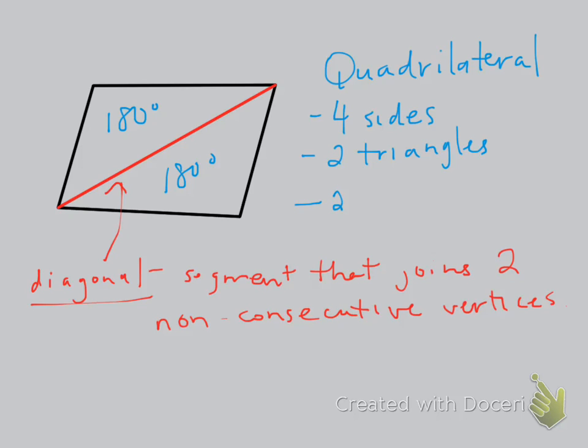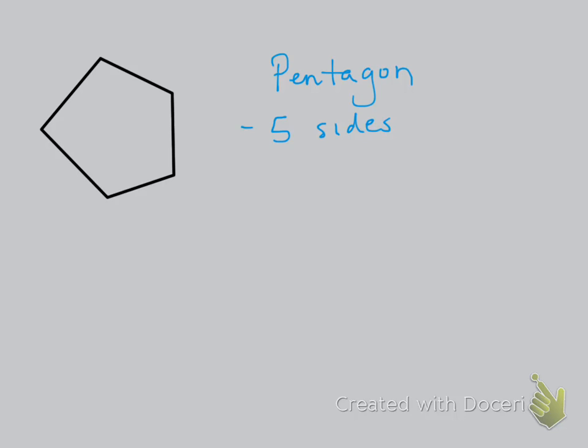Yeah, it's 2 times 180 to equal 360 degrees. So drawing that diagonal creates 2 triangles, each of which is 180 degrees. So now our quadrilateral is 360 degrees.